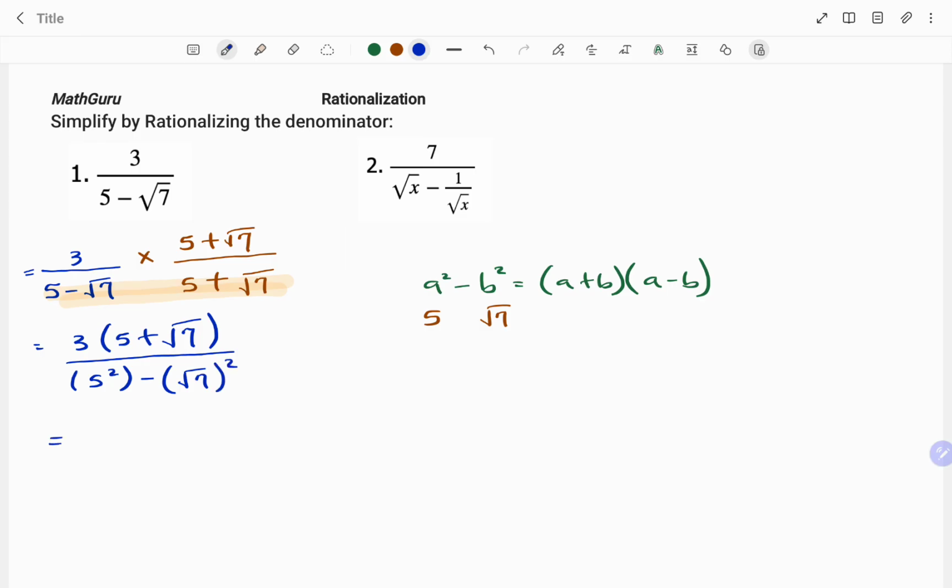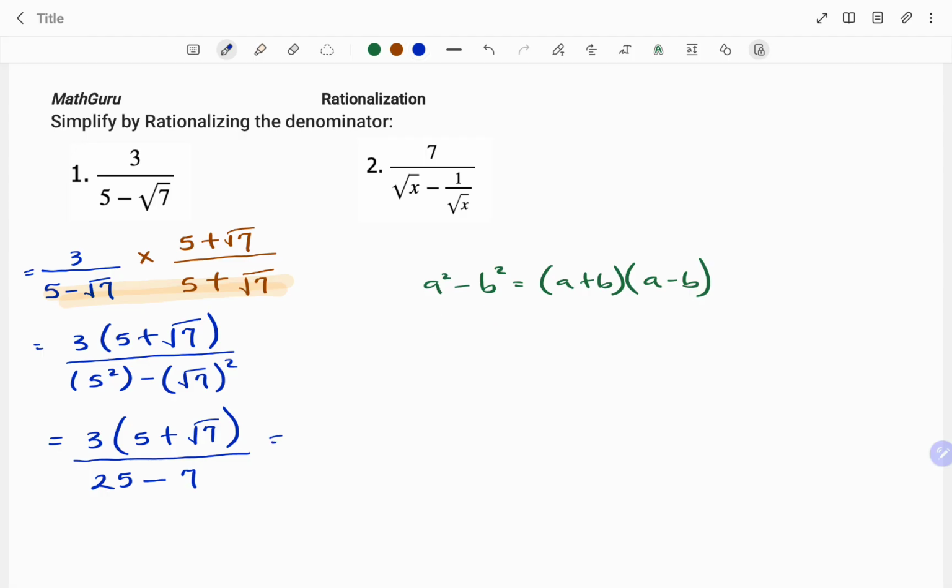That's going to give me, at the top, 3 multiplying 5 plus root 7, divided by 5 squared, 25, minus root 7 all squared, that's 7.